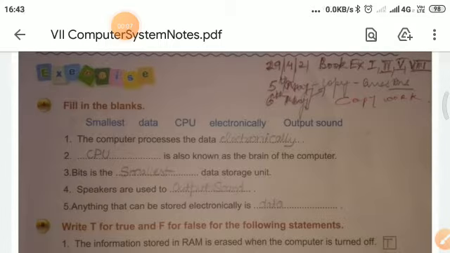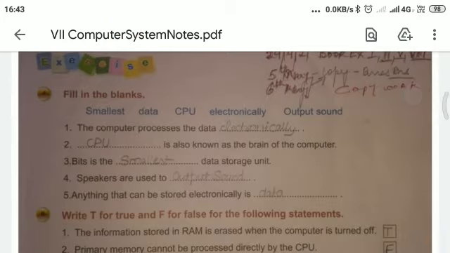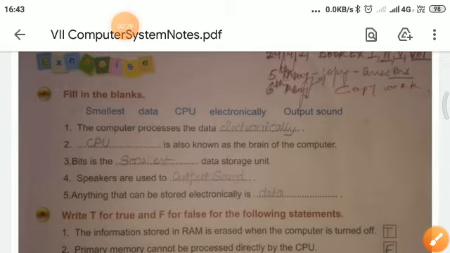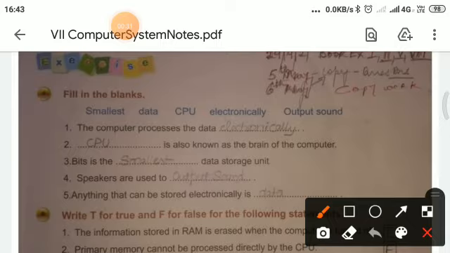So first section of your exercise is fill in the blanks. Students, there are five words given. So you have to fill the blanks by using these words. First, the computer processes the data electronically.